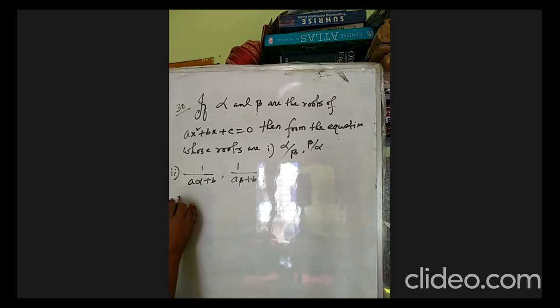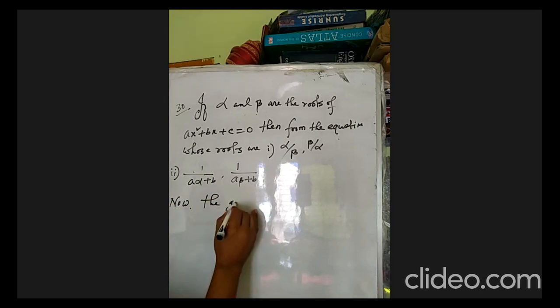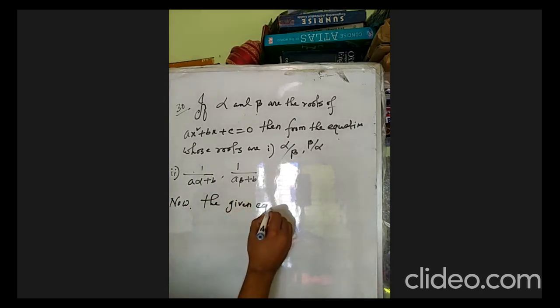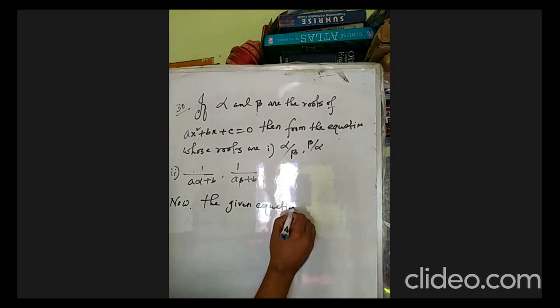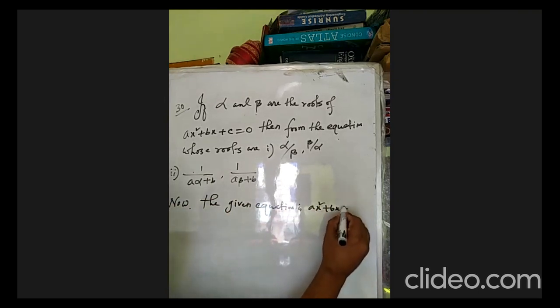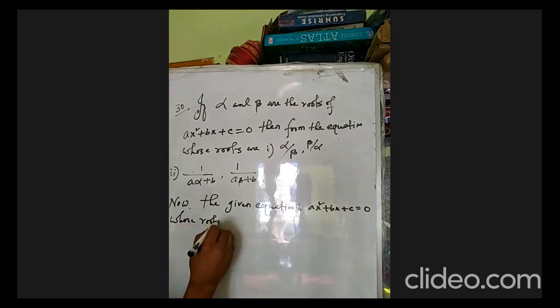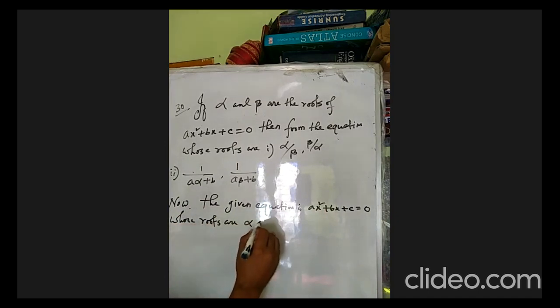Now the given equation is number 1. Right. The given equation is x square plus bx plus c equals to 0, whose roots are alpha and beta.